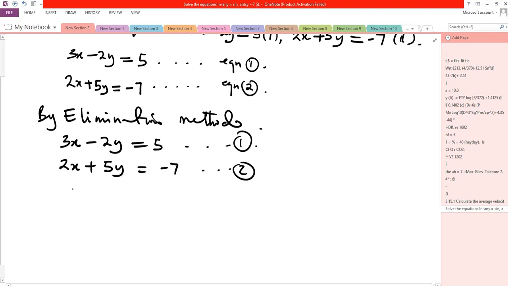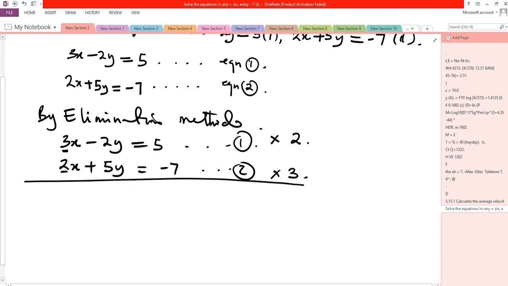I'm going to use the coefficient of x in equation 2 to multiply equation 1, then use the coefficient of x in equation 1 to multiply equation 2.